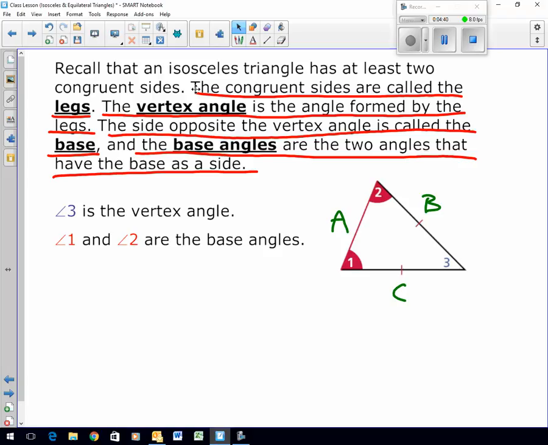That's the easiest way to remember what the base side is. It is the side that's between the congruent angles, the included side.